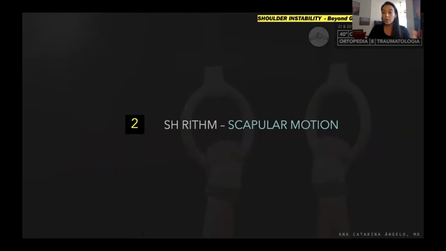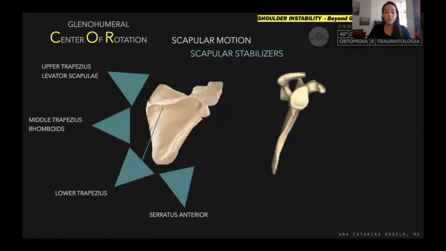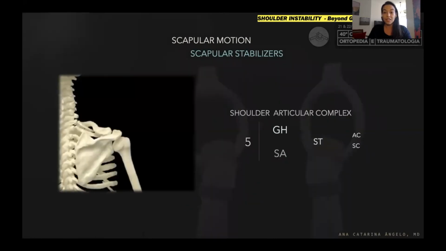So the second one was the scapulohumeral rhythm. This is very important. As we've seen before, there are many scapular stabilizers, and they all contribute to a good and harmonious scapular movement towards the humerus. So the scapular retraction-protraction balance is also very important to maintain the rotator cuff vectors and to avoid lesion.